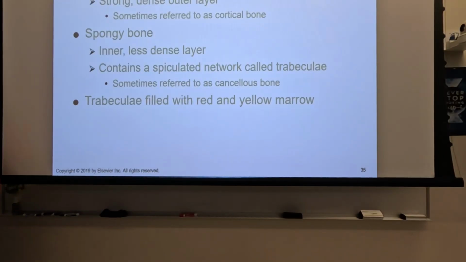So, general bone features. Most of your bones are not solid. Most of the time that you get to a bone that is solid is because it's been fractured, or you've got some sort of pathology that caused it to be more solid than what a normal bone would be. So compact bone would be the outer portion of the bone, as opposed to the inside, which would be spongy bone.